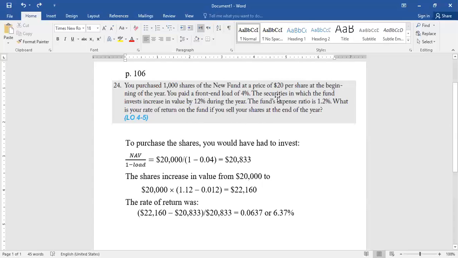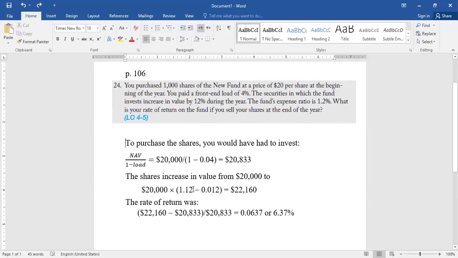But however, don't forget that I have an expense ratio of 1.2%. So I subtract 1.2%, which is 0.012, from 1 plus my growth.